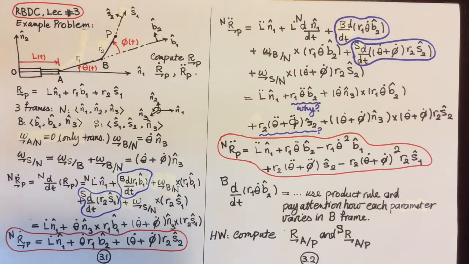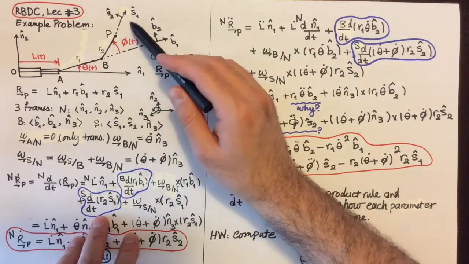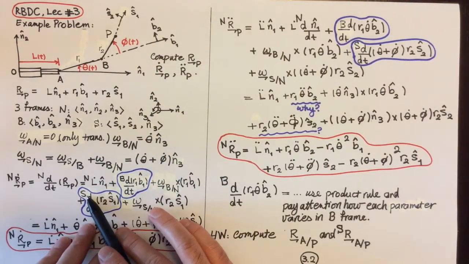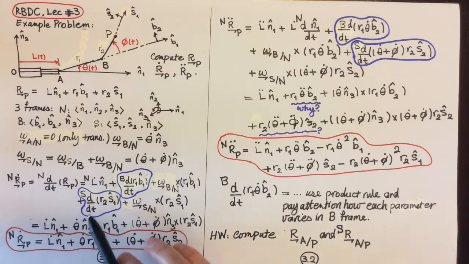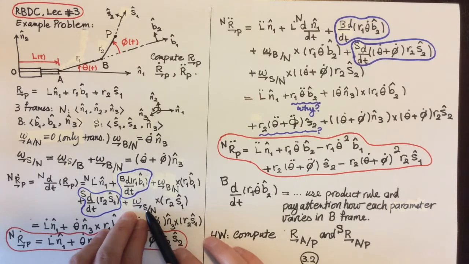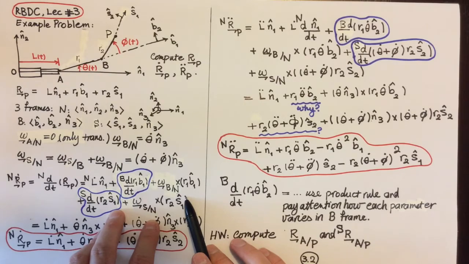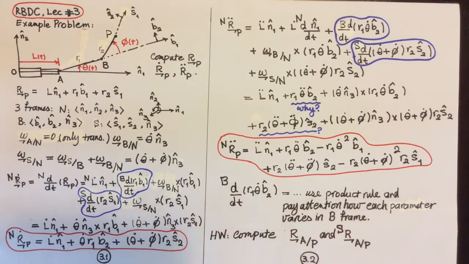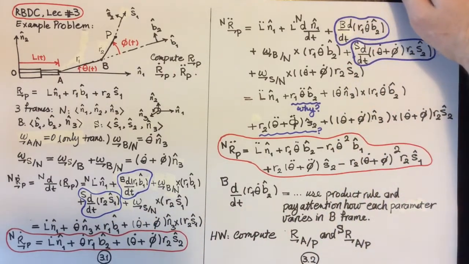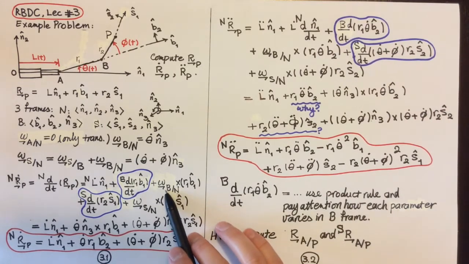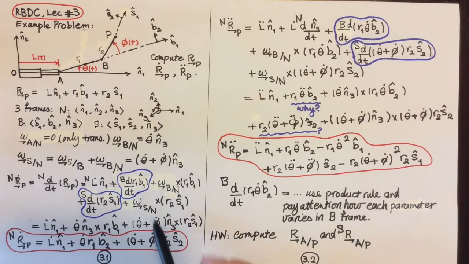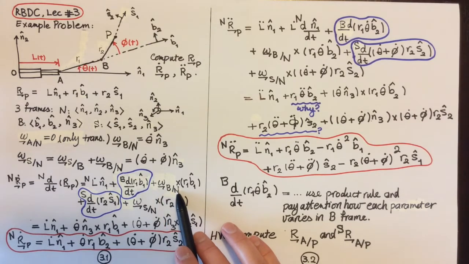Recall that it was primary and secondary frame; this time our secondary frame is the S frame. So we differentiate this term in the S frame, and then we add omega S with respect to N cross R2 S1. In each case we needed omega with respect to the N frame: in the first case B with respect to N, and in the second case S with respect to N. All we need to do now is to simplify these equations.